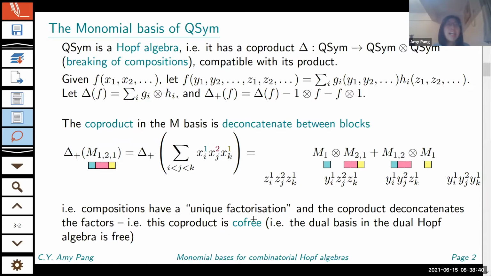So when I'm saying I want a monomial basis for other Hopf algebras, what I'm saying is, in another Hopf algebra, the basis elements are going to be indexed by some other type of diagram or some other combinatorial object. And I want to see a unique factorization in those combinatorial objects and have a coproduct where it just deconcatenates between the factors. So this is really important, this idea.